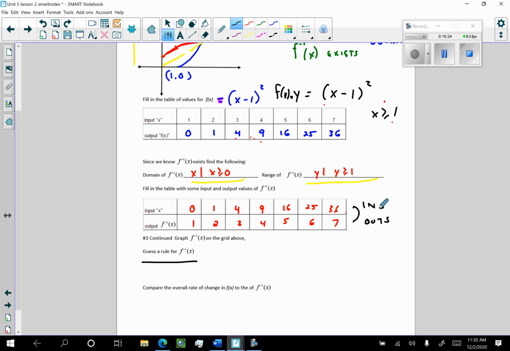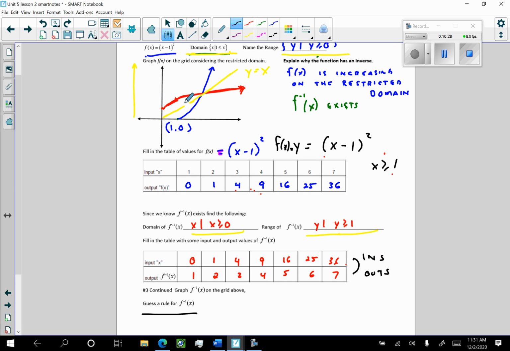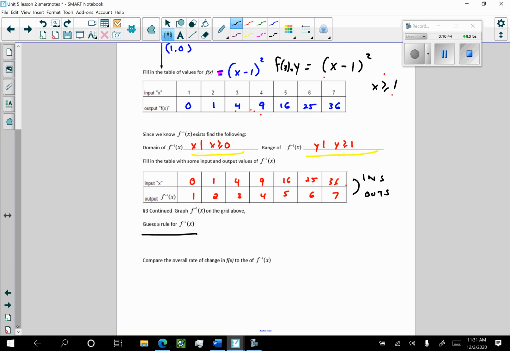Now let's look at the average rate of change. If I look at the average rate of change in f, I know it's going to be positive, but look at this. Isn't this average rate of change going to be very low? Because the slopes of the secants almost go to 0, and the slopes of the secants to the blue almost go to infinity.